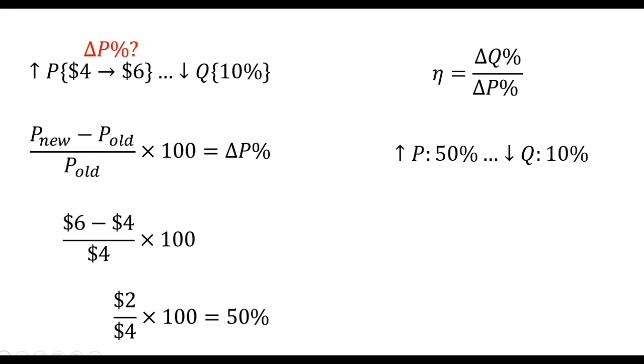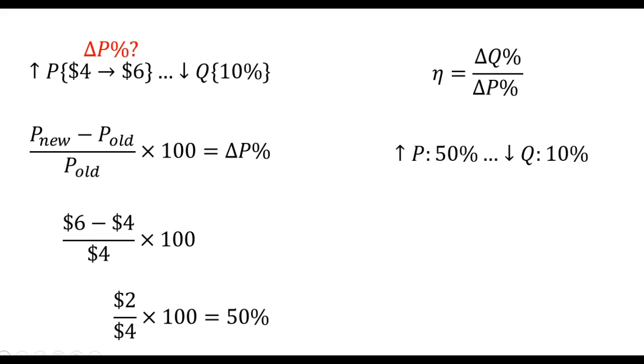Now, before we go any further and calculate the price elasticity of demand coefficient, we can already see that in this particular scenario, the quantity demanded is very unresponsive to a change in price. It is price inelastic. How do we know that?